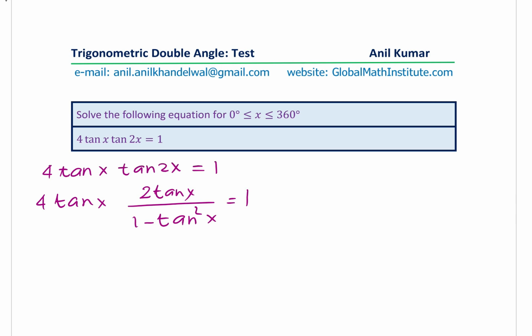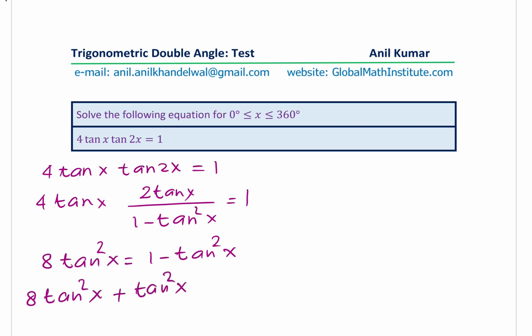We can cross multiply. 4 times 2 is 8. So we get 8 tan square x equals 1 minus tan square x. Bringing it to the left side, we get 8 tan square x plus tan square x equals 1, and that is 9 tan square x equals 1.